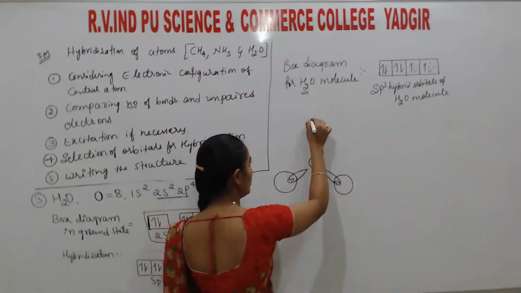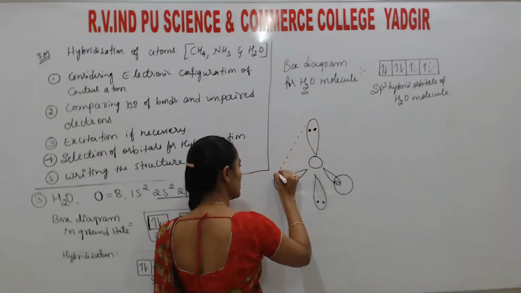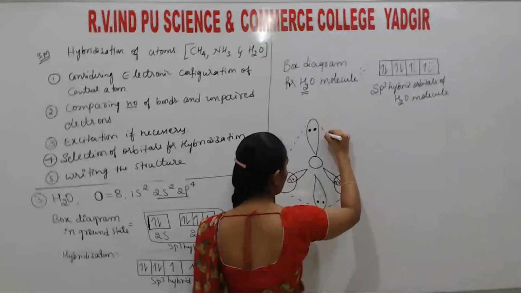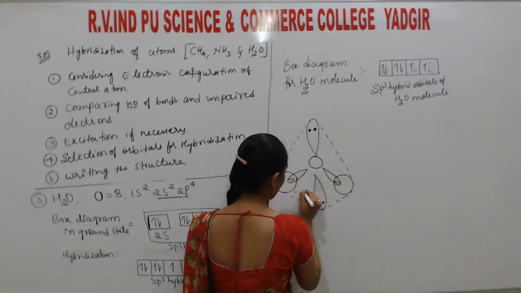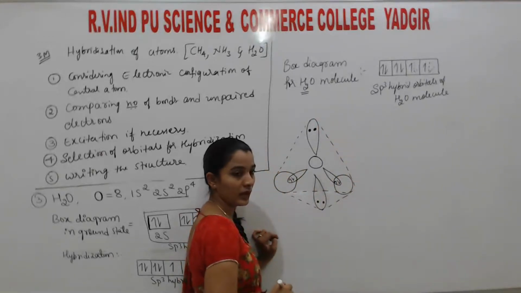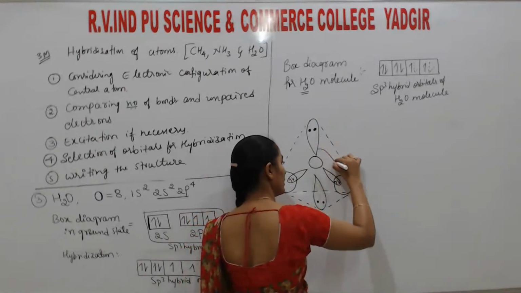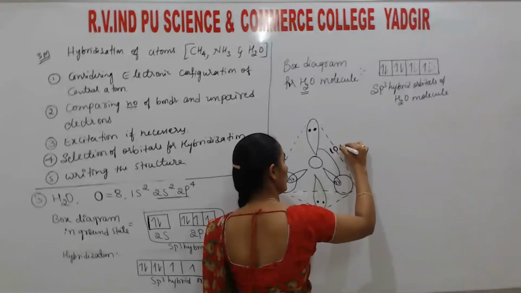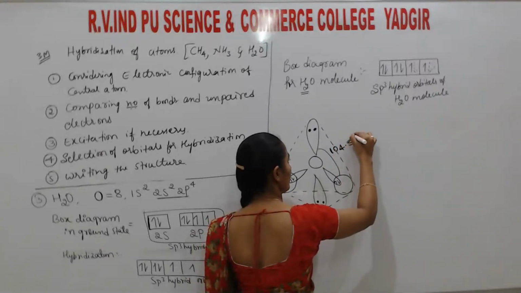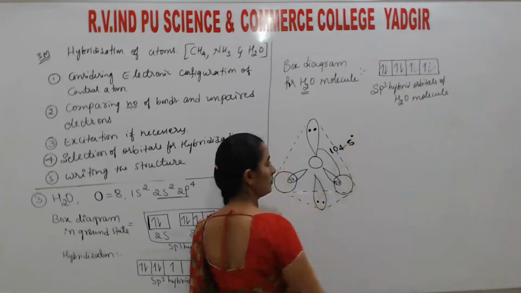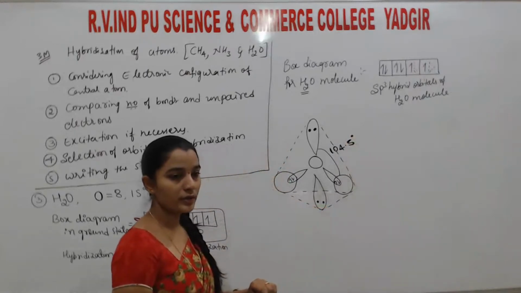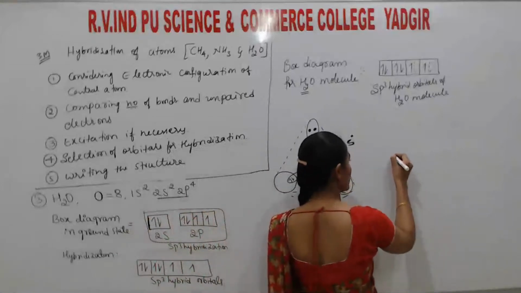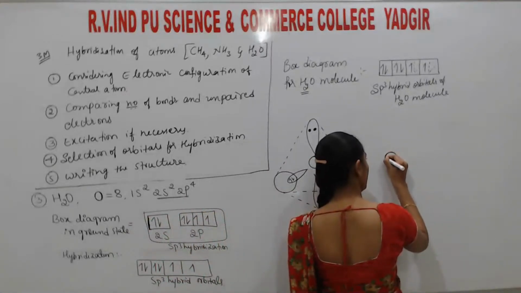If you write the structure here, again, this is tetrahedral. But the bond angle here is 104.5 degrees. Remember, if I write the molecule like this, this is the oxygen atom.